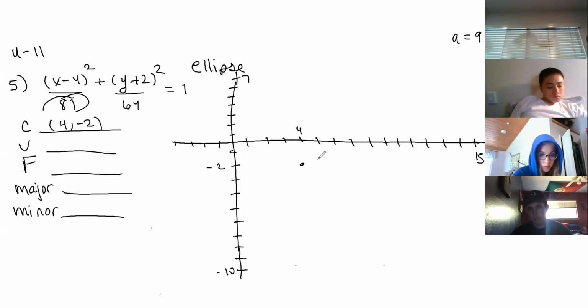Right. Okay, how far up and down? That's the number underneath the Y. How far up and down? 8.